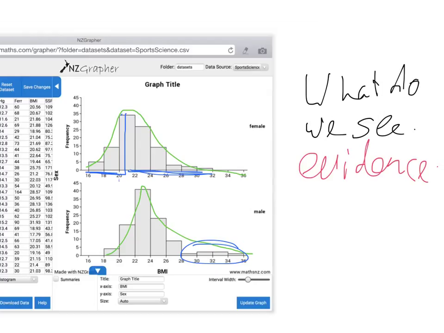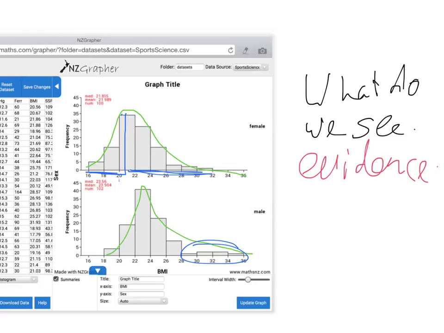The next thing is, what does this mean? And here what we want to talk about is, what could we say is likely in the population? Now, the first thing we want to know about here, and this is really important, is what's the sample size? Because if we know the sample size, that tells us something. In this case, we've got sample sizes of 100 and 102. So it's a medium-sized sample.